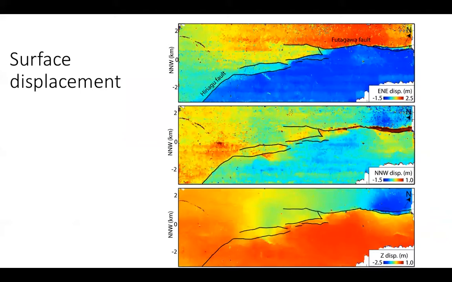Here we have the plus Y, or north-northwest displacement. And this bottom plot shows the vertical displacement, where we see about 2 meters of slip, but it's actually quite distributed. It's not localized to the fault trace in quite the same way that we see the horizontal slip up here.